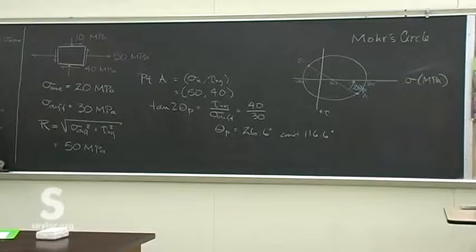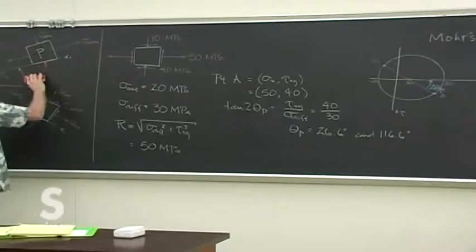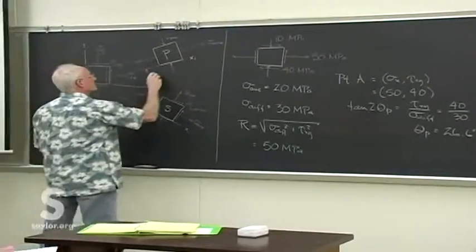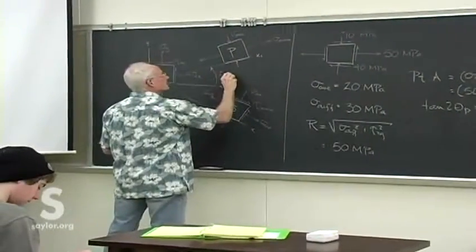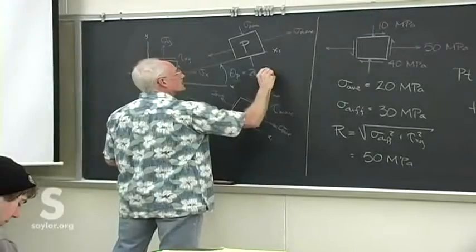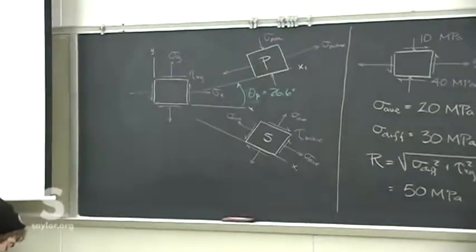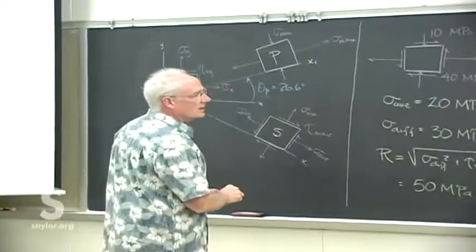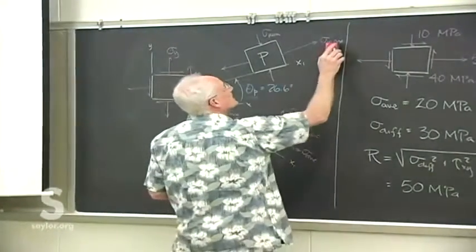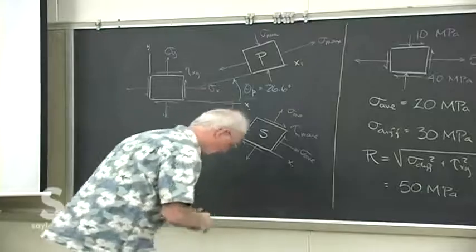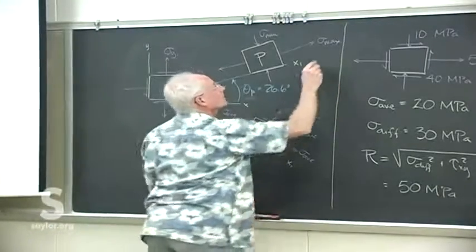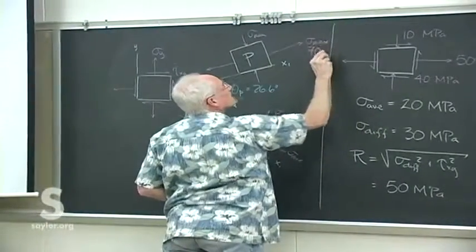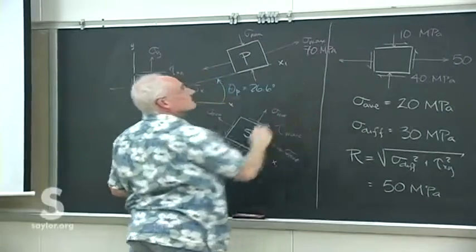So now we can plot our first of the principal transform stresses by actually putting in some of these values. At 26.6 degrees, which is about what that looks like, we know that the maximum stress will be 70 megapascals.